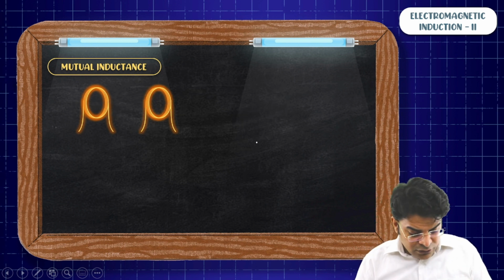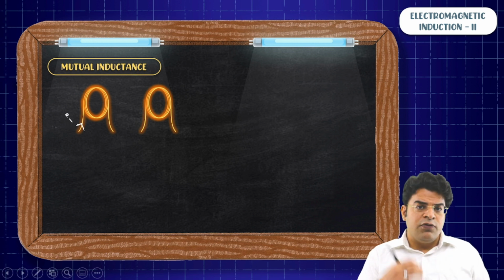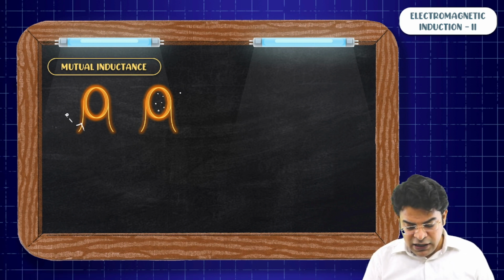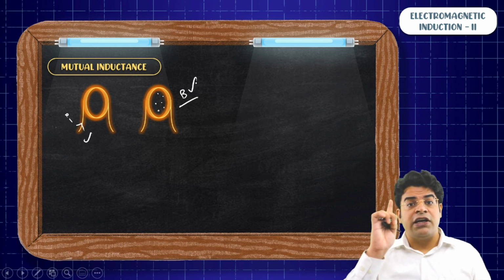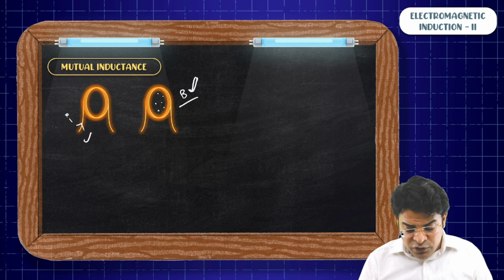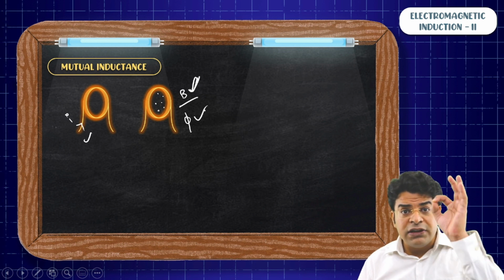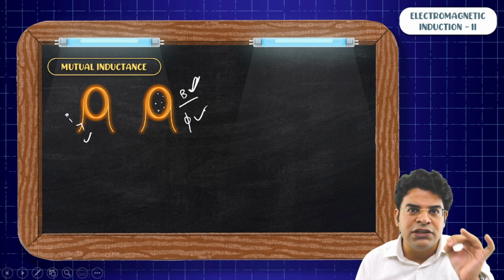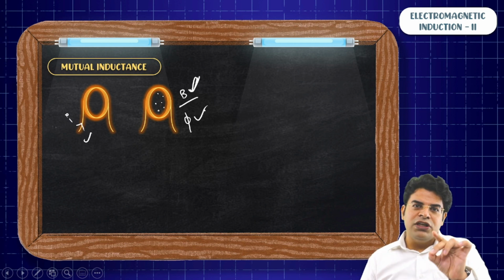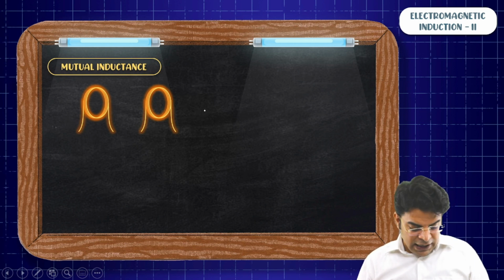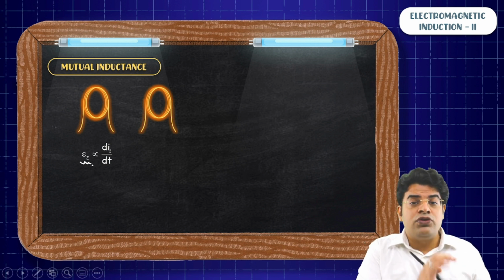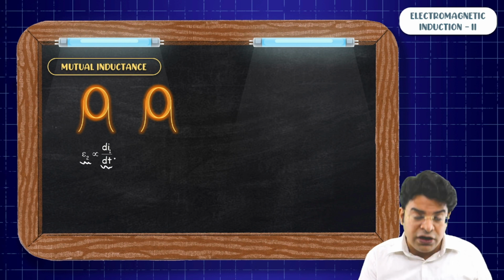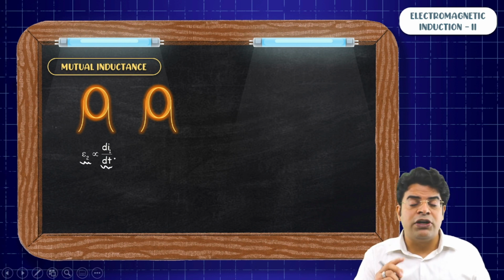So we say that an EMF is induced in the second coil due to the change in current in the first coil, and this EMF is directly proportional to the rate of change of current in the first coil with respect to time.